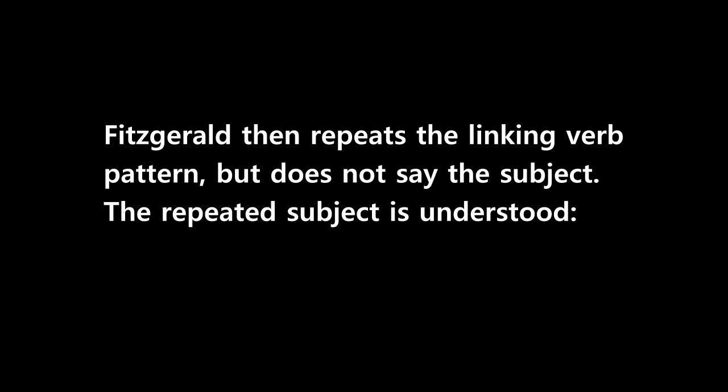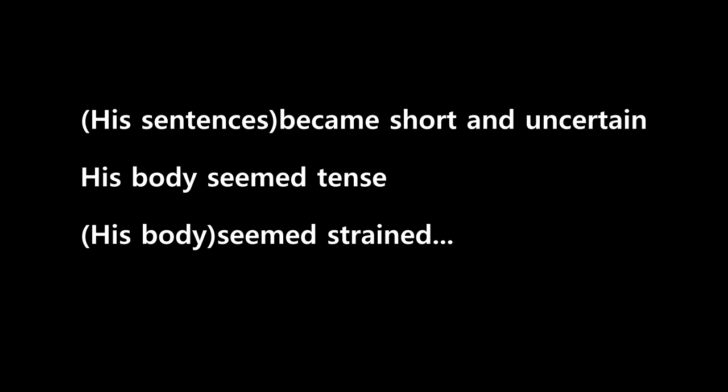His sentences became broken. Fitzgerald then repeats the linking verb pattern, but does not say the subject. The repeated subject is understood. His sentences became short and uncertain. His body seemed tense.